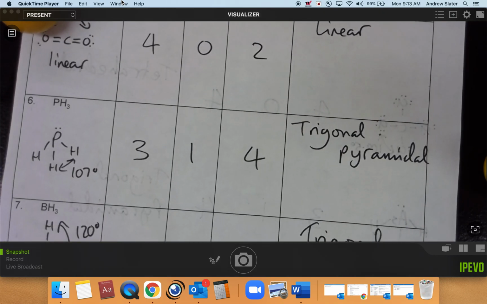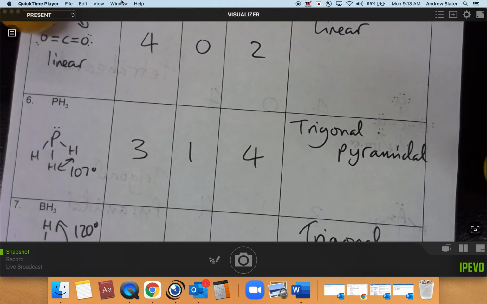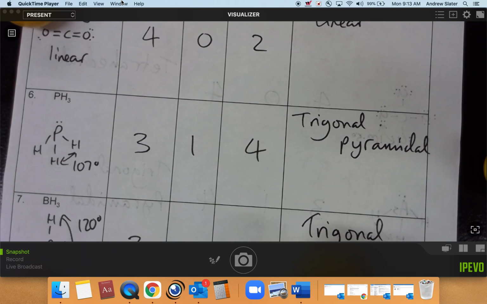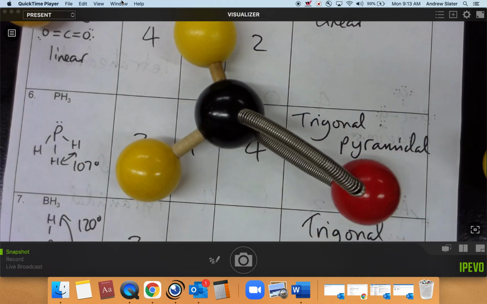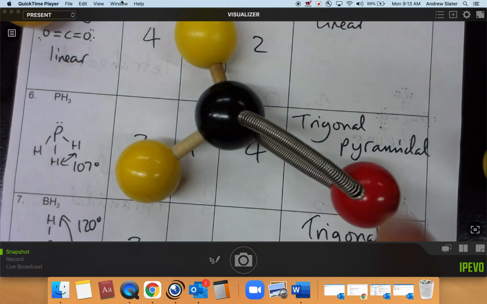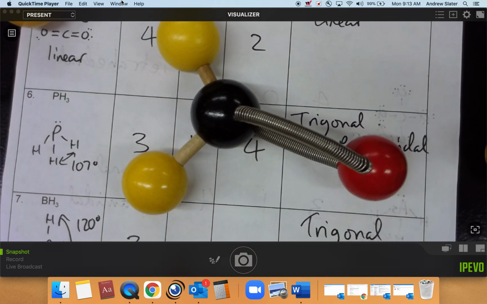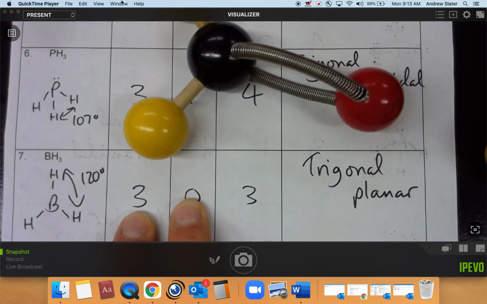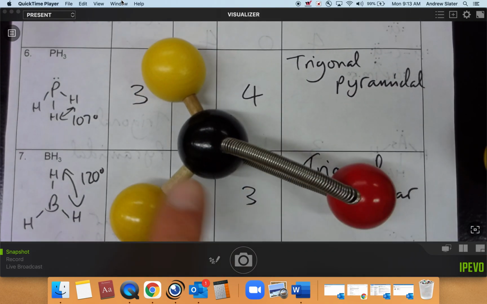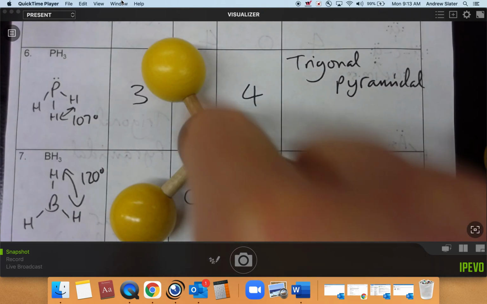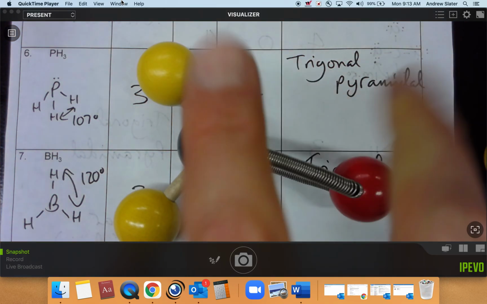BH3, boron is in group 3, and it's a really weird example. But the story of boron here is that it makes this trigonal planar shape. It has 3 bonded pairs of electrons, 0 lone pairs, which is weird because that doesn't make an octet. And again, there's an exception to that octet rule, and this is it. If you imagine that this bond here is the same as one of these, it would be 3.